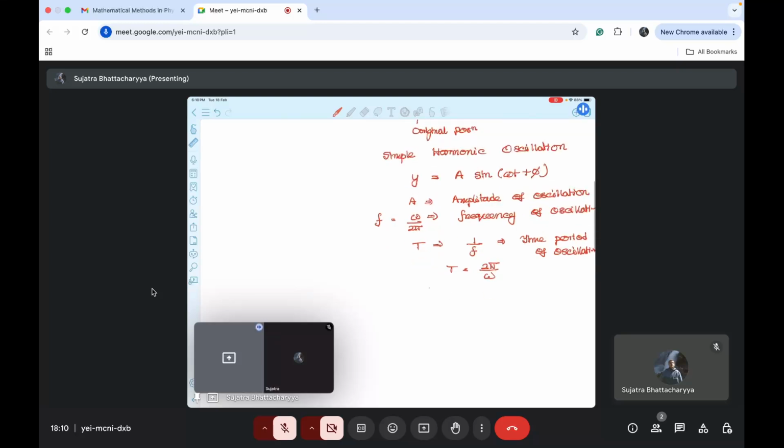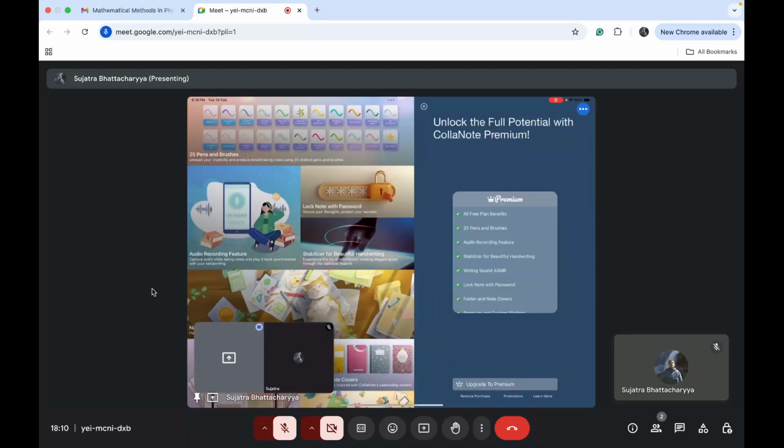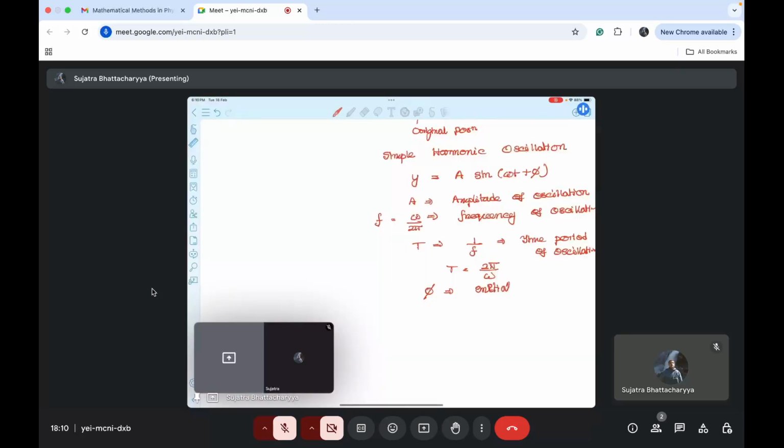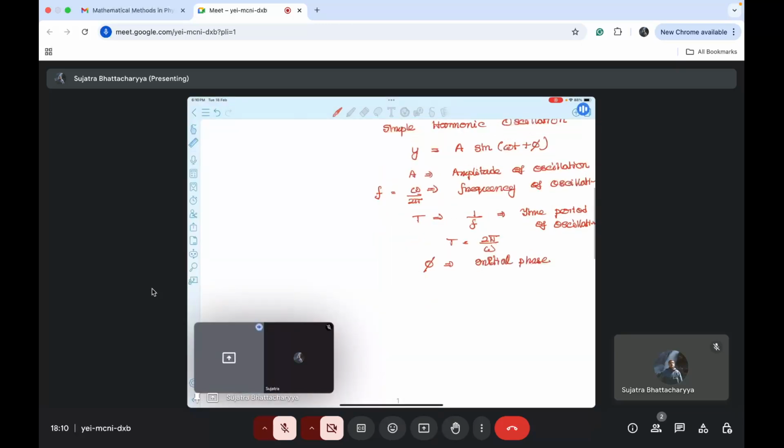The initial phase is represented as phi. This is the initial, starting phase. And in total, the whole argument of time, omega t plus phi, is the phase angle, or phase, of the oscillator.